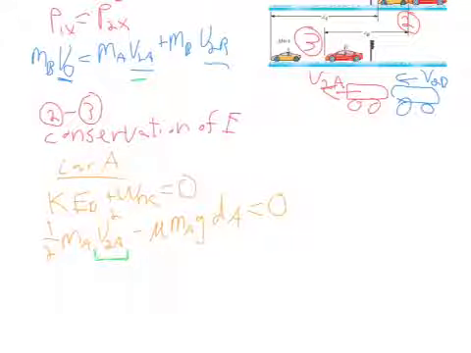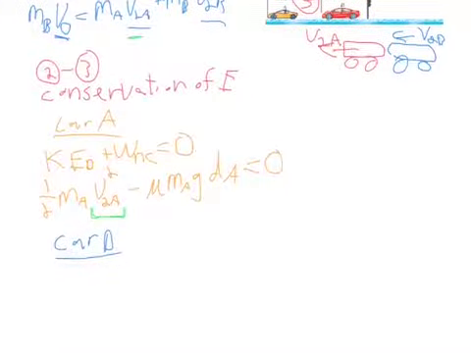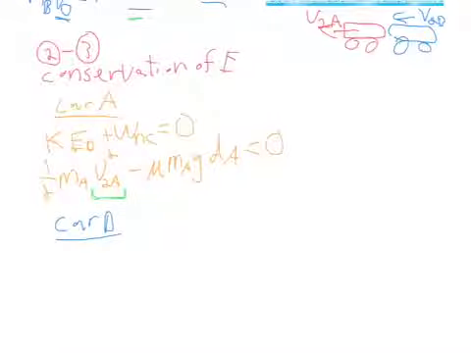Then we can do the exact same thing for car B. Car B has very similar energy. Same equation: it starts with initial kinetic energy, has work done by friction, and that's equal to 0.